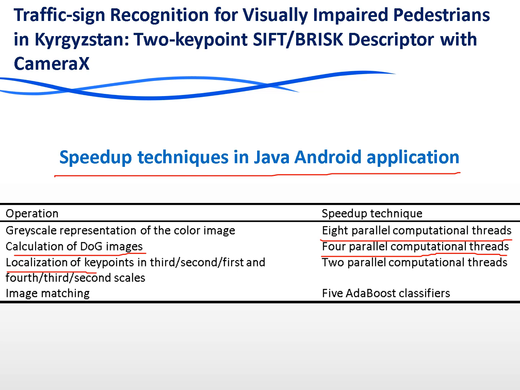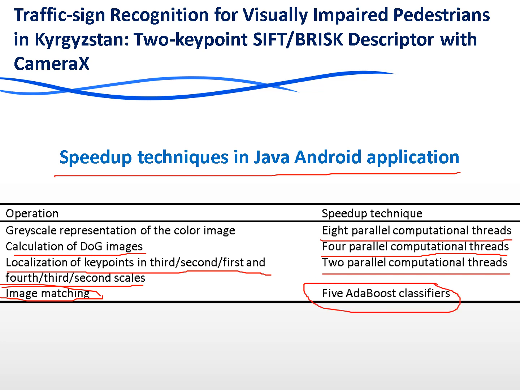So for localization of key points in third, second, first, and fourth, third, and second scales, we use 2 parallel computational threads. And also for the image matching, we apply 5 AdaBoost classifiers. Also, they speed up our Java Android application.